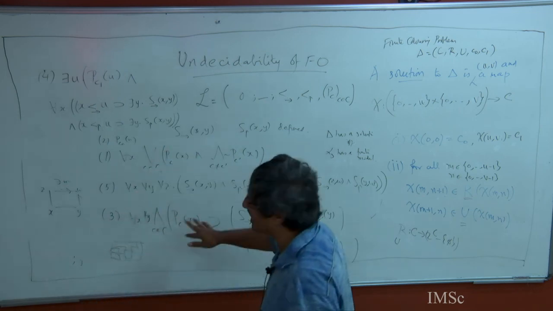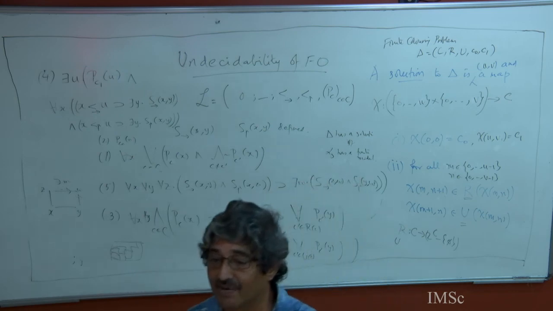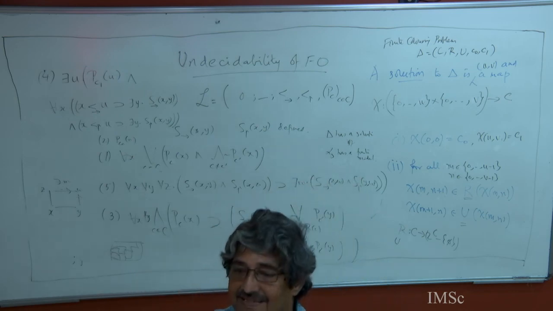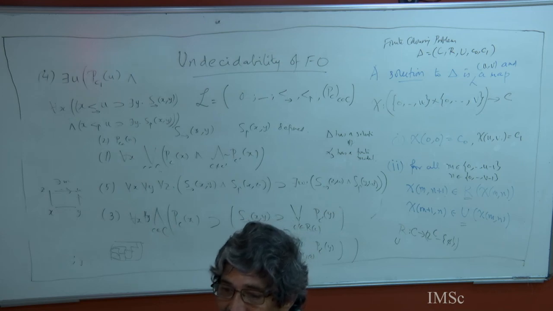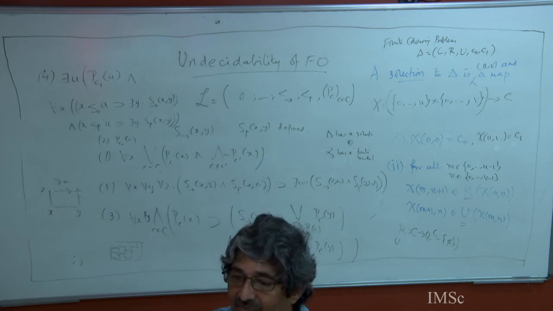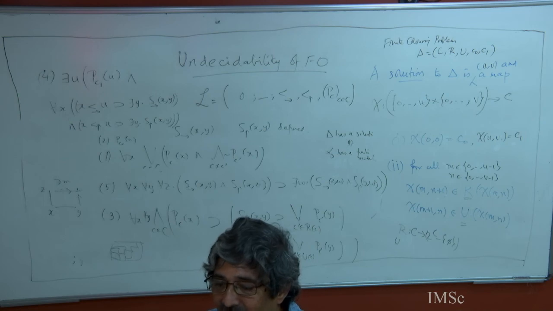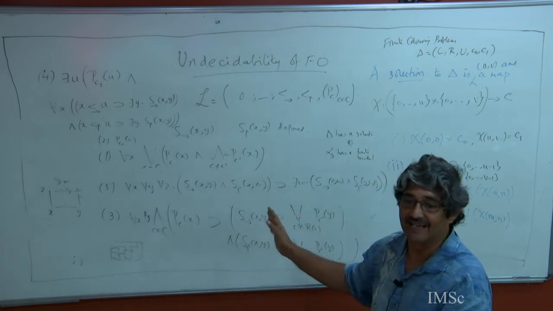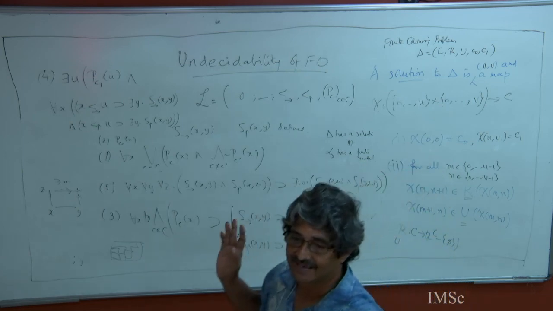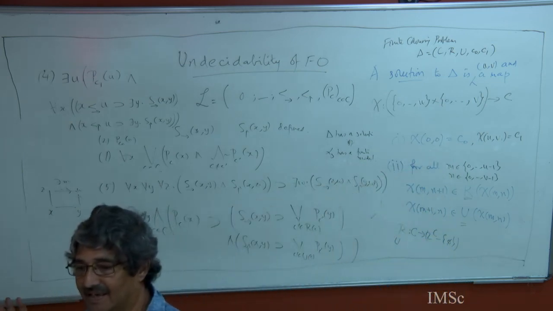Here we are showing undecidability of first order logic generally. Maybe I restrict myself to model classes. What class of model classes give you undecidability for first order logic? Grids, clearly grids is something that you get undecidability for.